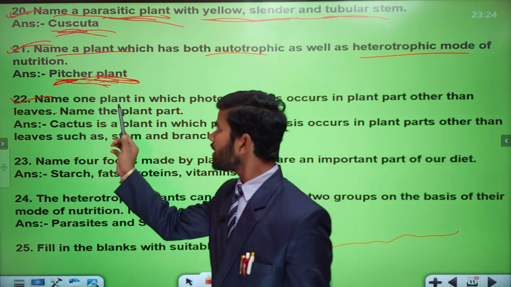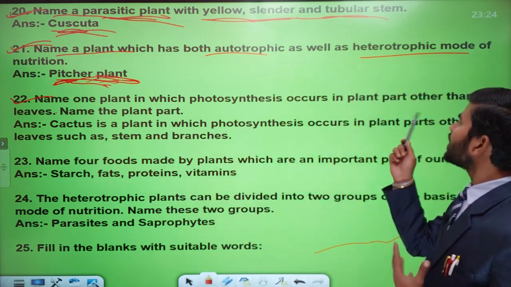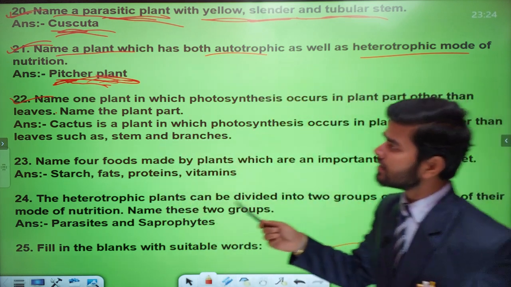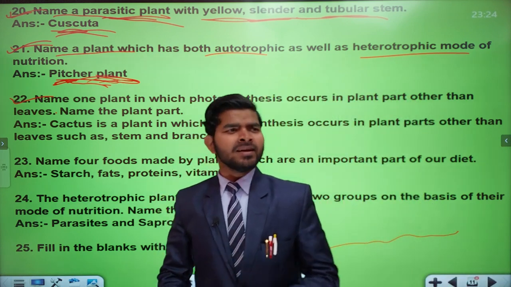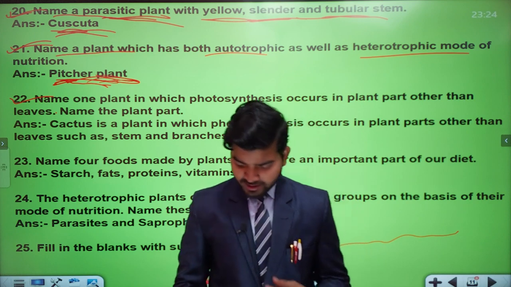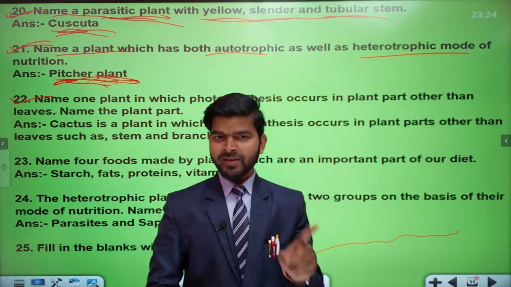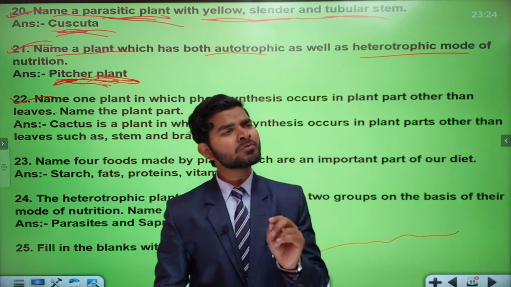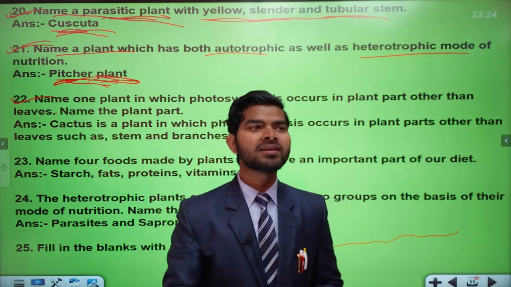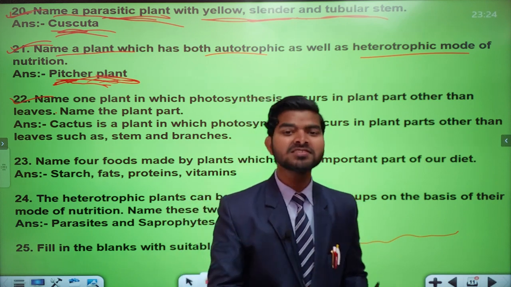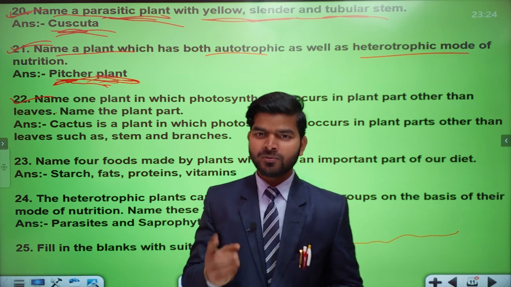Name one plant in which photosynthesis occurs in a plant part other than leaves. Name the plant part. The question is asking that. A student may ask, sir, you have told me different examples of autotrophic nutrition and you are saying that photosynthesis takes place so that plants can prepare their food.